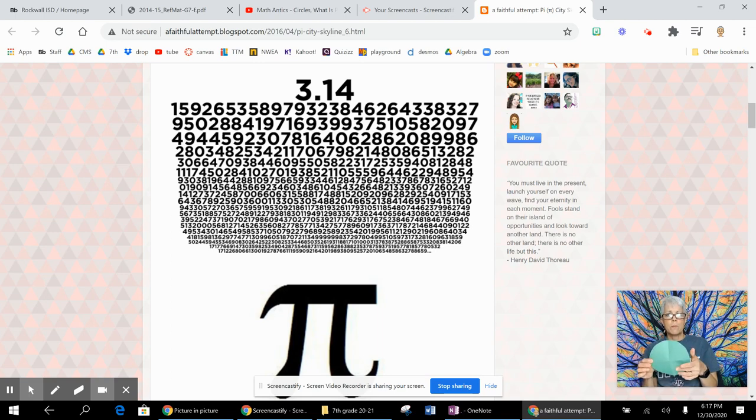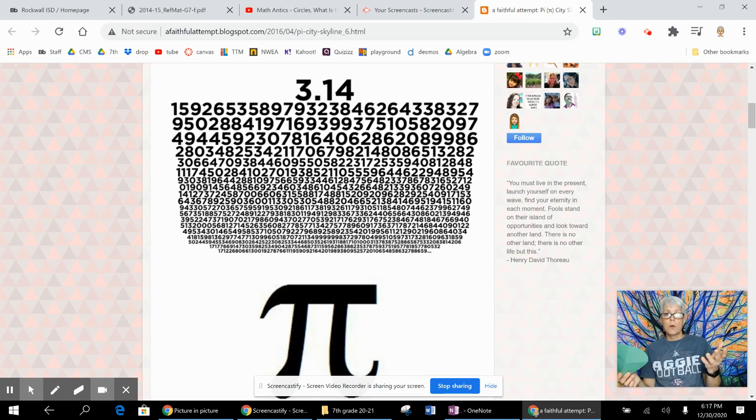Say, if this is 10, then the circumference of this circle is going to be a little more than 30. If this diameter is 5, then the circumference is going to be a little more than 15, because 5 times 3 is 15.